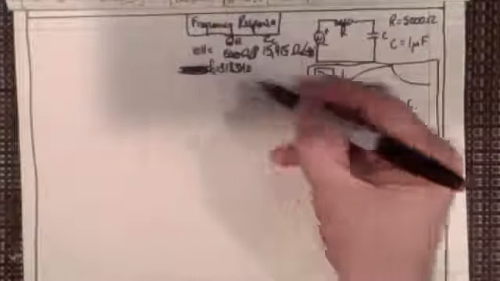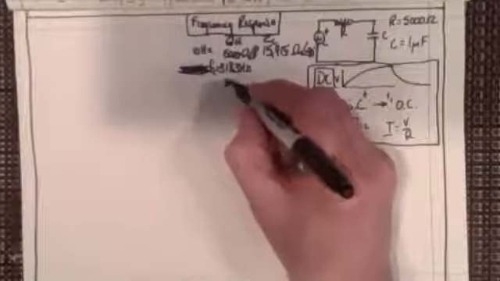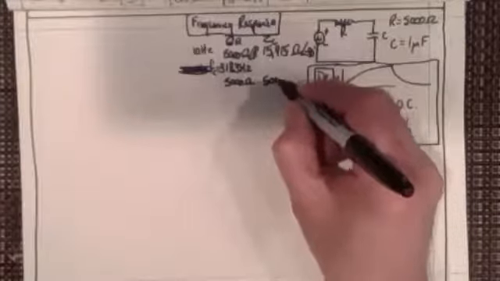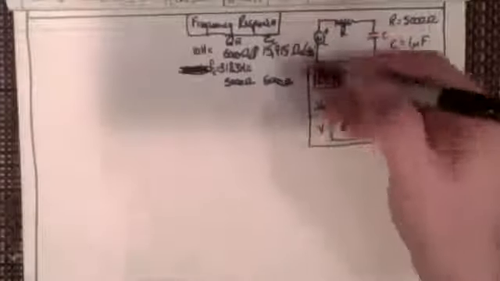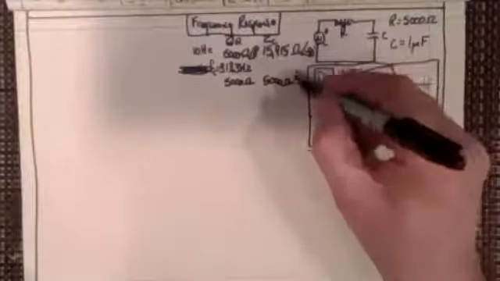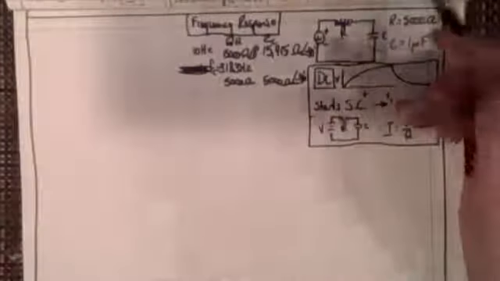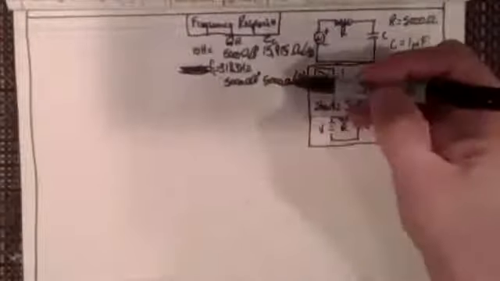At 318.3 hertz, we have 5,000 ohms for our resistor and 5,000 ohms for our capacitor, this still being at minus 90 degrees and this still being at 0 degrees. So that was where we were even.